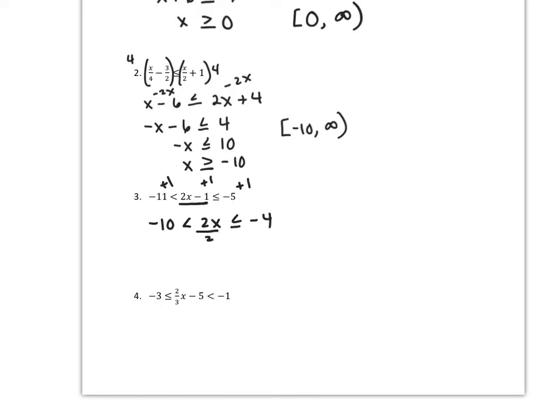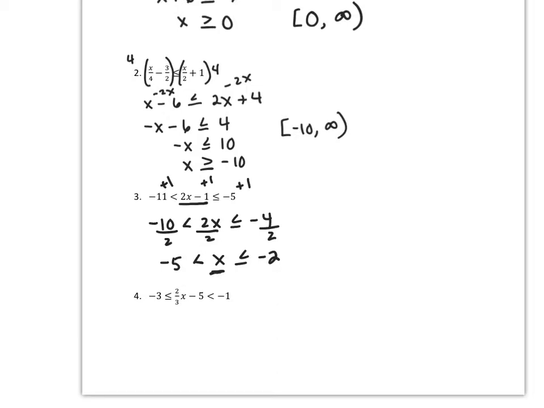And now I want to divide everything by 2. That's negative 5 less than x less than or equal to negative 2. So you've got the x isolated in the middle, so you know you've solved the compound inequality.